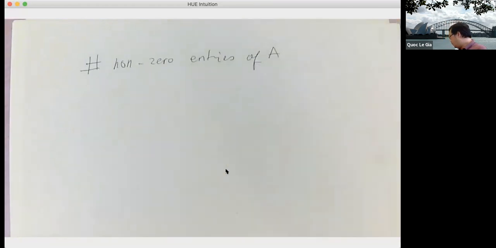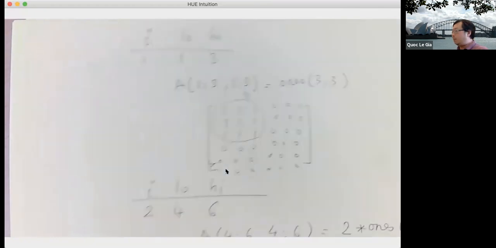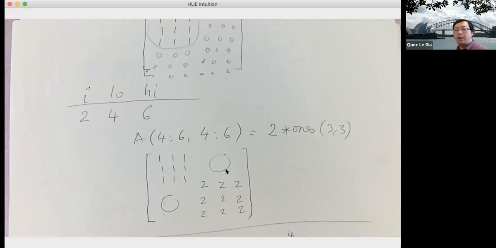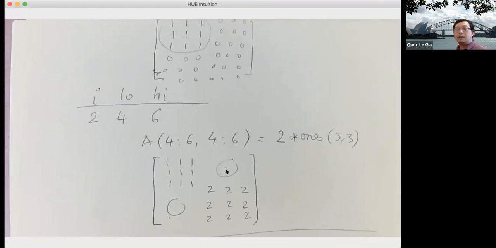In order to do that, maybe it's better to go back to the simple case we had before. How many non-zero entries in this small case? 18, remember?